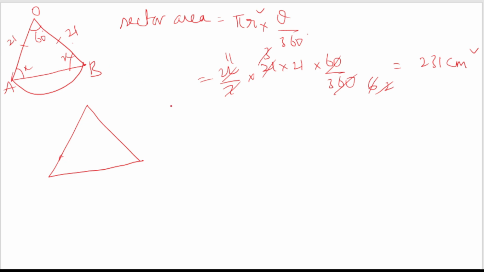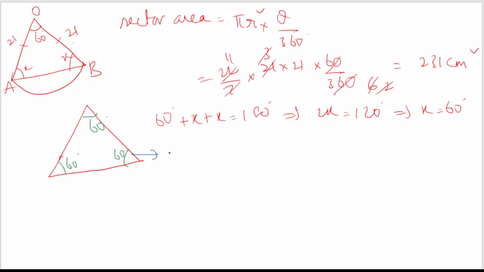Applying the angle sum property, we get 60 plus 2x is equal to 180 degrees, so 2x is equal to 120 degrees and x is equal to 60 degrees. That means every angle is 60 degrees.